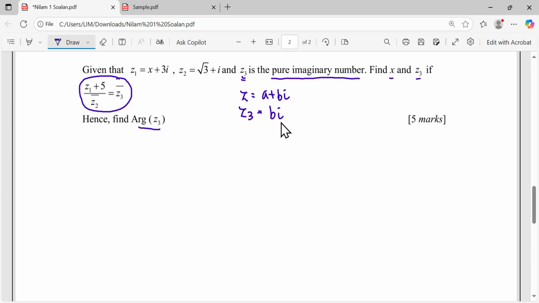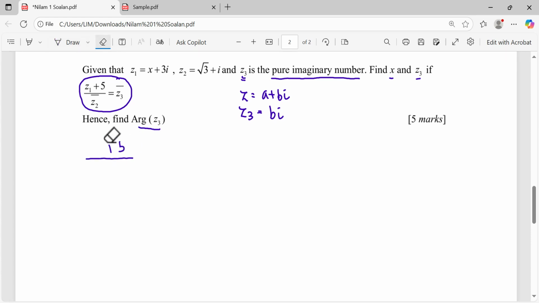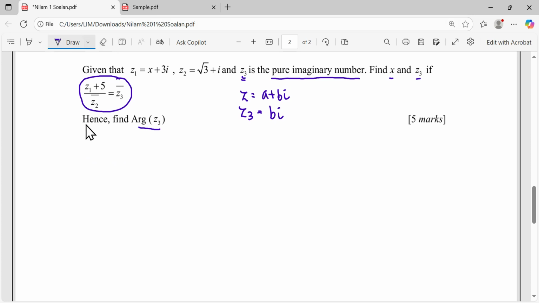Alright, so substitute into our equation given here, where Z1 plus 5 over, so we put in Z1 is x plus 3i, plus 5 over the conjugate of Z2, means Z3 minus i equals to the conjugate of this, negative bi.